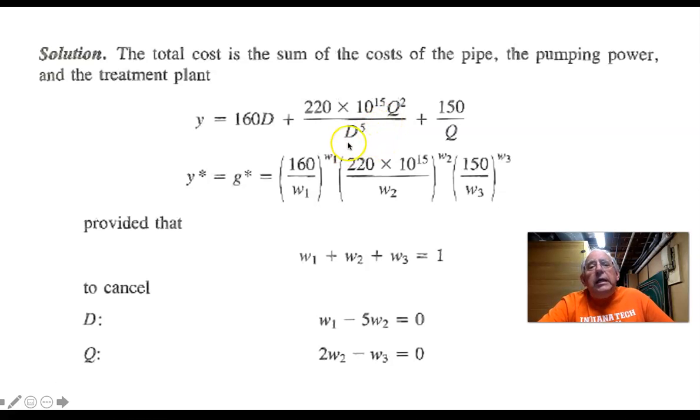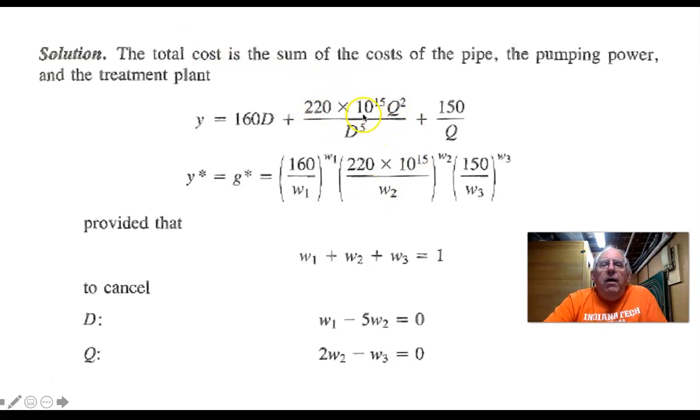Now we see not only is it a function of the diameter of the pipe as before, but also the flow rate of the water going through the pipe. In essence, that Q squared gives us a different point on the Moody-Darcy friction factor, a different friction factor and different Reynolds number through the system. So we had to combine all of that together instead of just having a single flow rate.